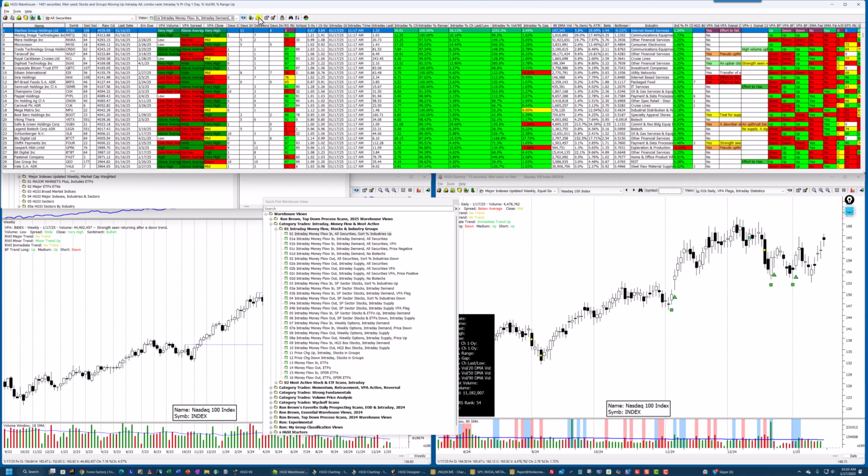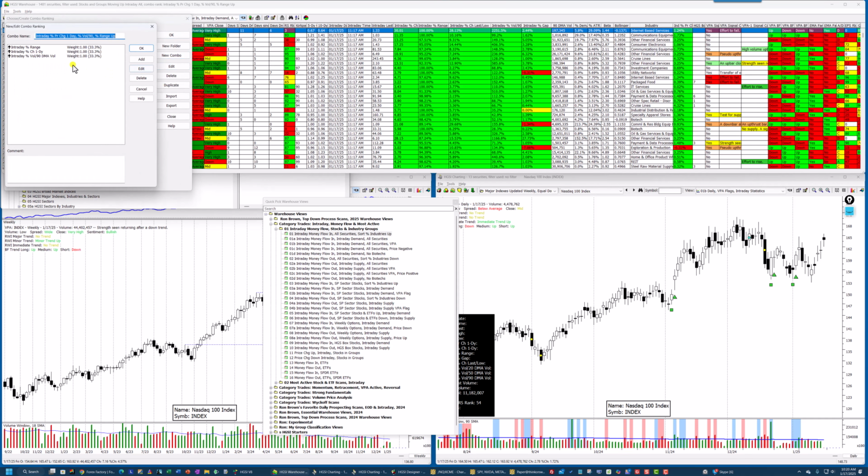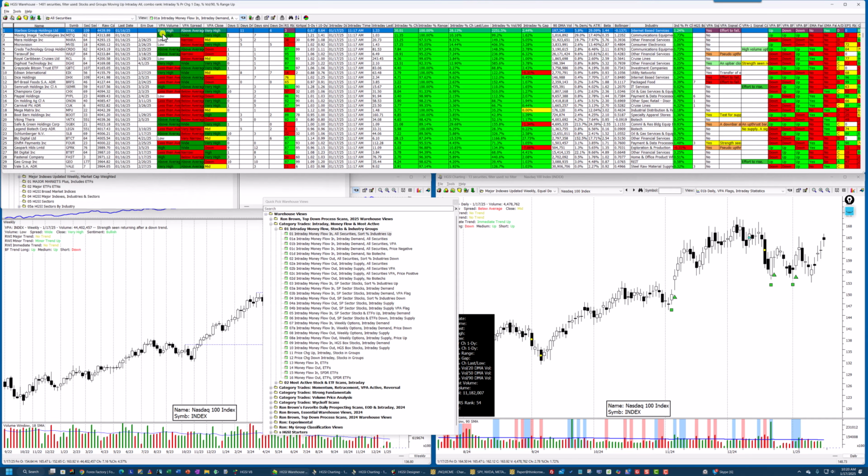It's just easier to look at it. These are all weighted equally: range, intraday price change, and intraday volume, so at 33% apiece. And you can see that the top stock on here is an internet-based services because it best fits this criteria.